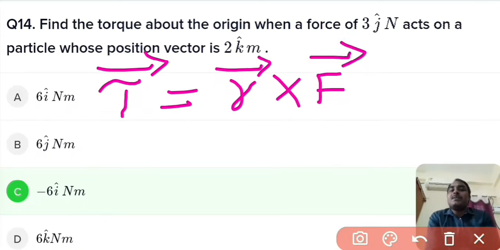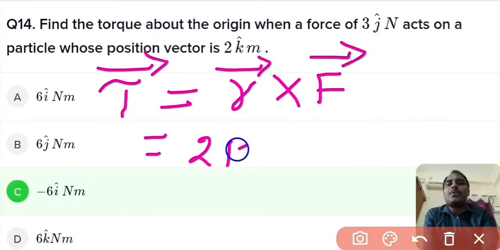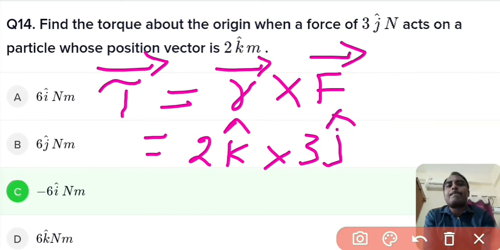Order is important here in finding torque. R bar cross F bar is the formula. You cannot write F bar cross r bar at all, because cross product does not obey the commutative law. Now here r bar is the position vector, given 2k cap, cross F bar, the given force 3j cap.